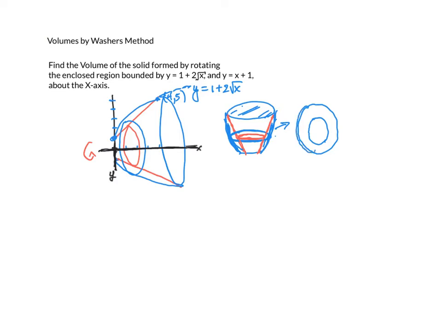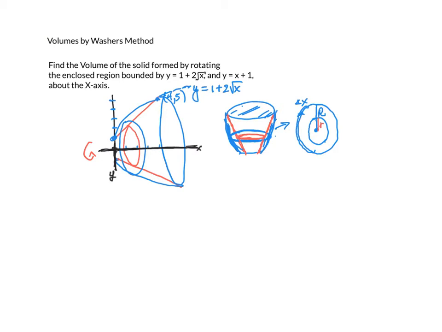This donut has a thickness, and the thickness here is delta x, and the radius from the outer edge to the center of the circle, we call it big R. And the radius that we remove from the big circle is the little radius, little r.